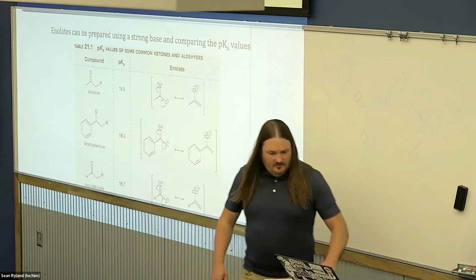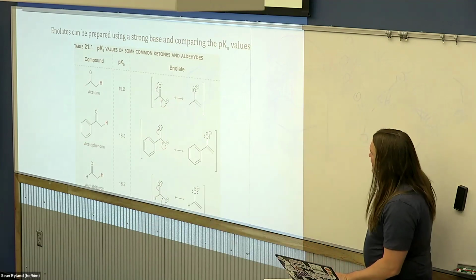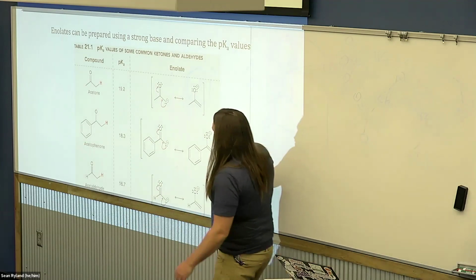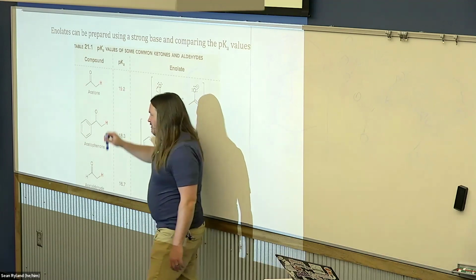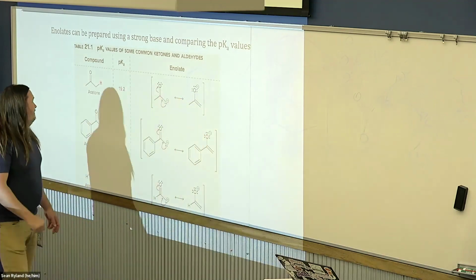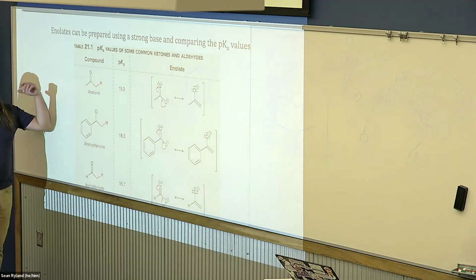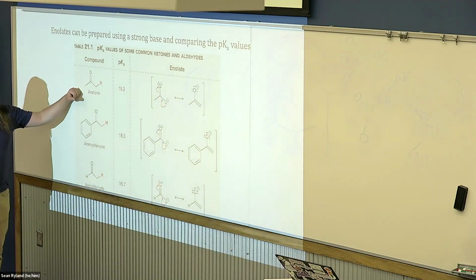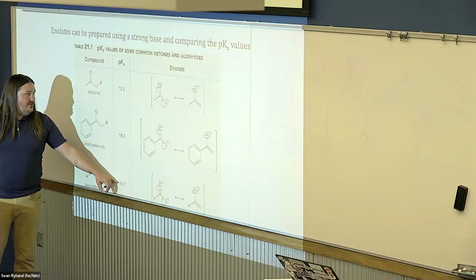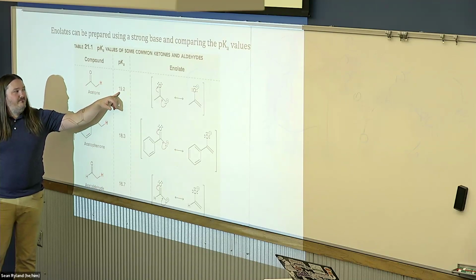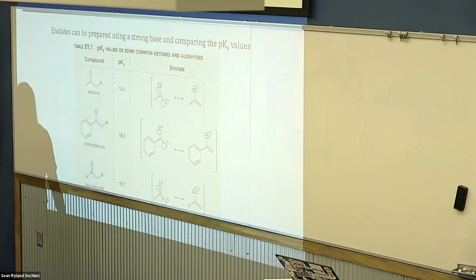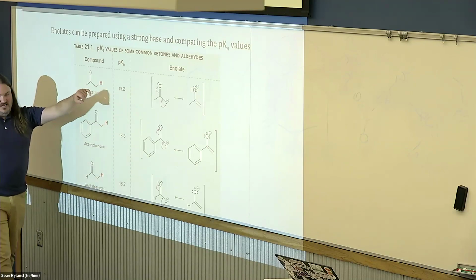If you try to use hydroxide on acetone, you'll get some amount of it, but remember, this is a factor of 10. Call it 16.2 versus 15.2, that's gonna be a difference of 10 to the 4th favoring the acetone versus the enolate.